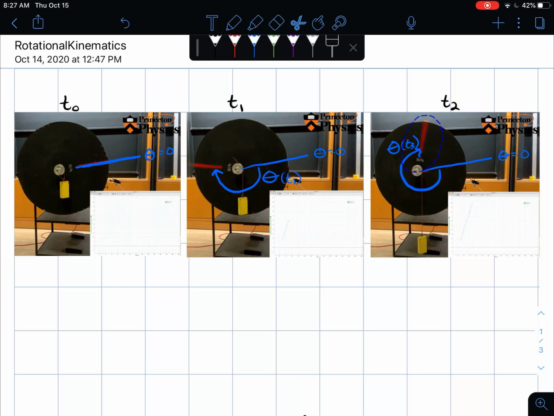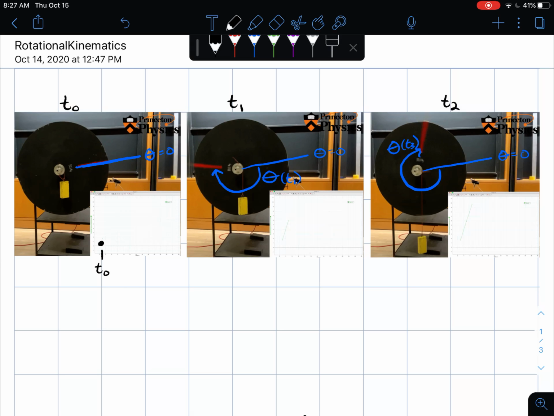Now, additionally, when we were doing this demo, we saw that there was this graph down here. What this graph was showing was the angular speed as a function of time. I'm going to sketch that larger in a second. But for now, roughly speaking, on the first snapshot at t equals 0, the graph had a data point down here at t0.